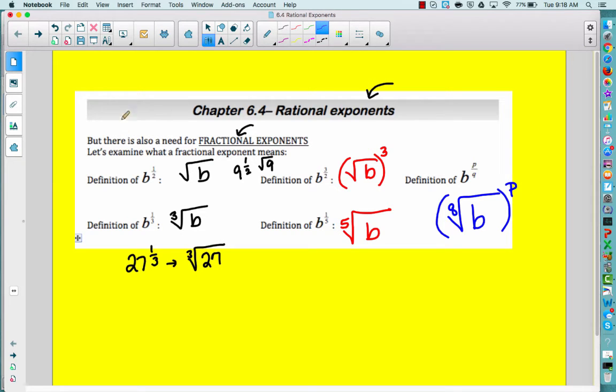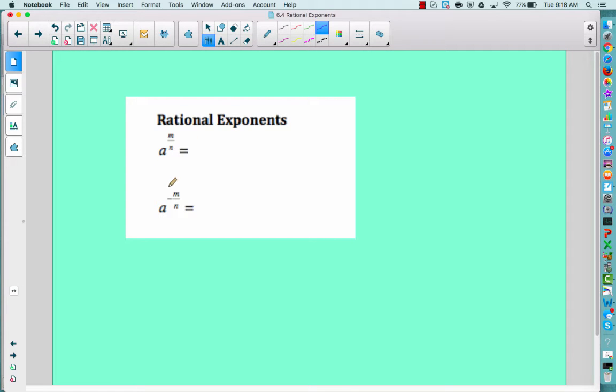All right, so let's look at what this means. Rational exponents: I give you a raised to the m over n. That means the nth root of a to the m power. All right, that's considering that it's a positive exponent, but we've also got this idea of negative exponents.